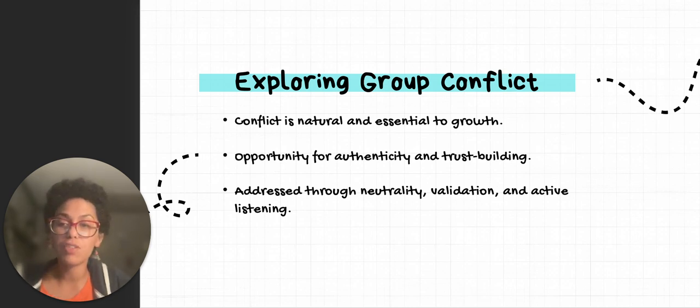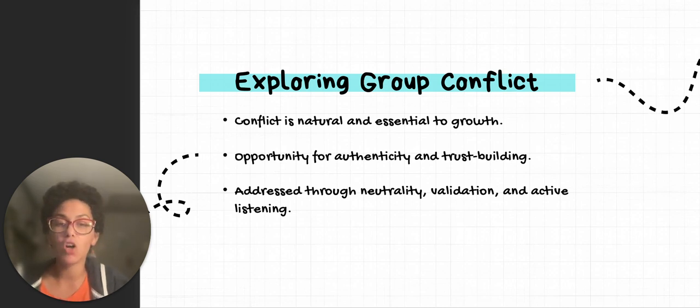So, conflict, while challenging, is an essential part of the group dynamic and the group development. The transition stage often involves the surfacing of interpersonal tensions and disagreements and differing perspectives. So rather than avoiding and suppressing conflict, effective group leaders recognize it as an opportunity, again, for growth and deeper connection.